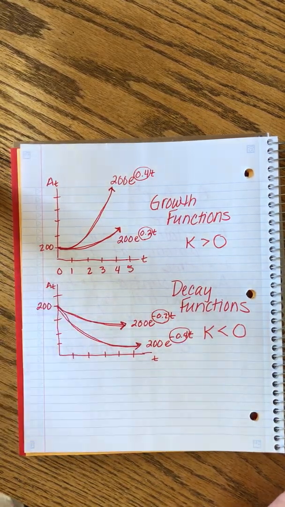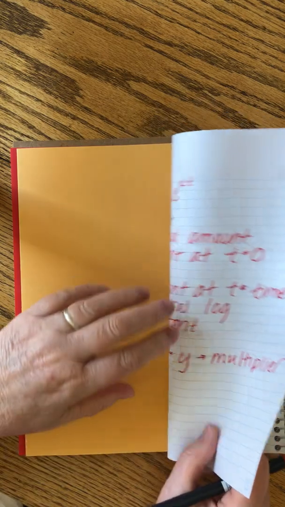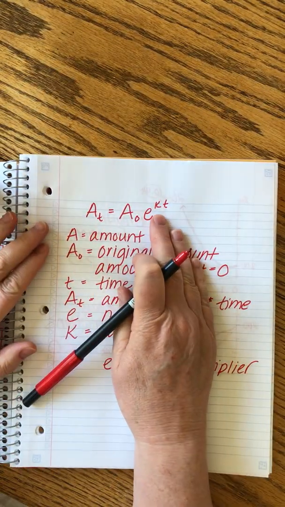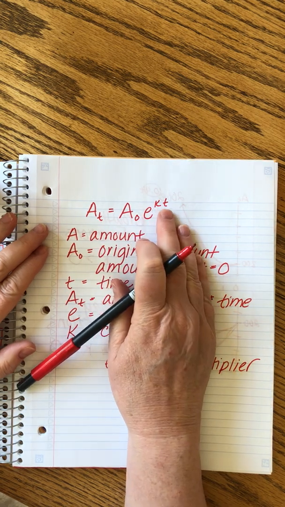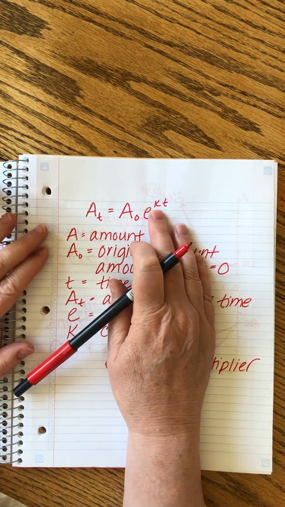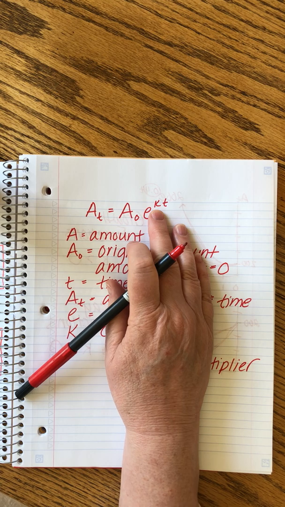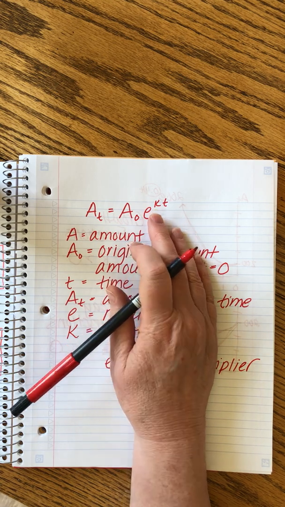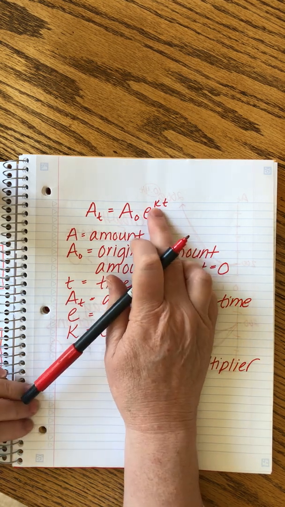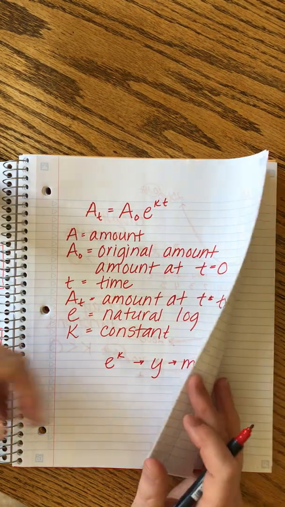That is helpful because once we've filled in actual numbers, we can look at the value of our k and automatically know, is our curve going to go up or down? Do we have a growth or a decay? We can tell just by looking at that number. Happy days, right?